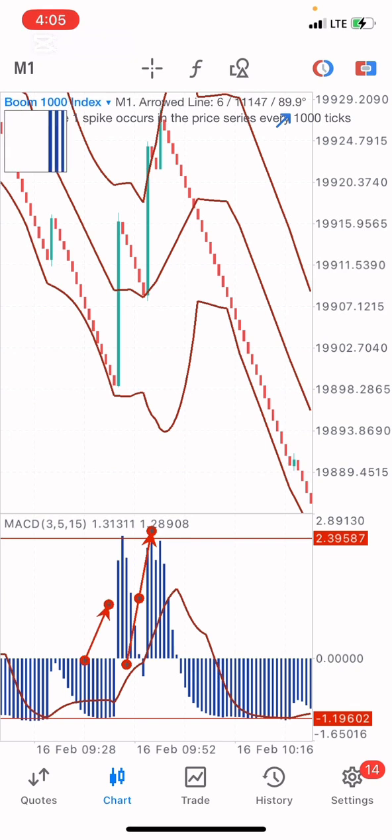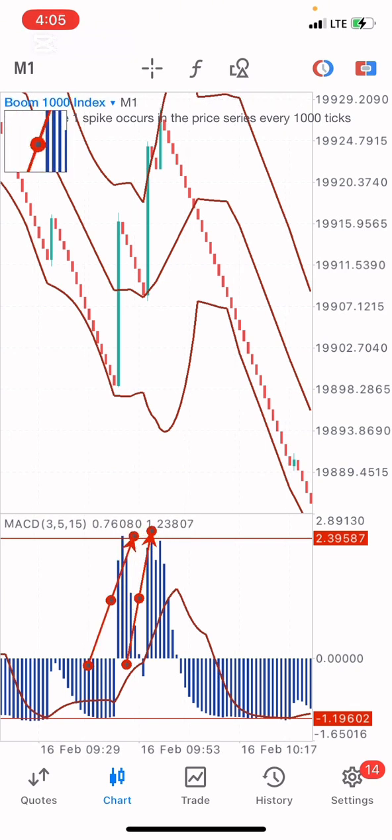Okay, let's talk about resistance first. When it comes to the resistance region, since we are trading on the Boom 1000 market, we want to be selling to catch some candlesticks out of this market, right? I'll show you how it works for Crash, but let me explain for the Boom market first.